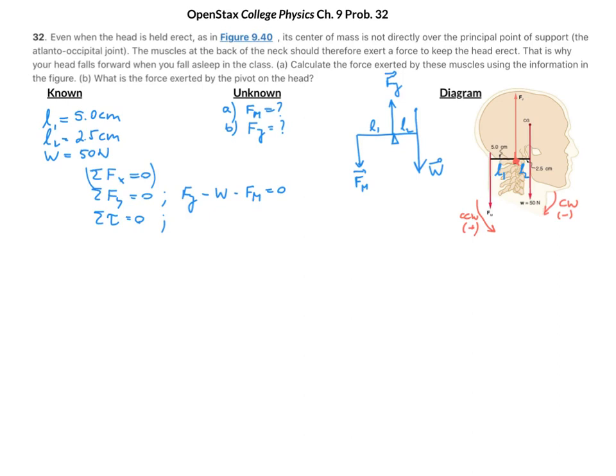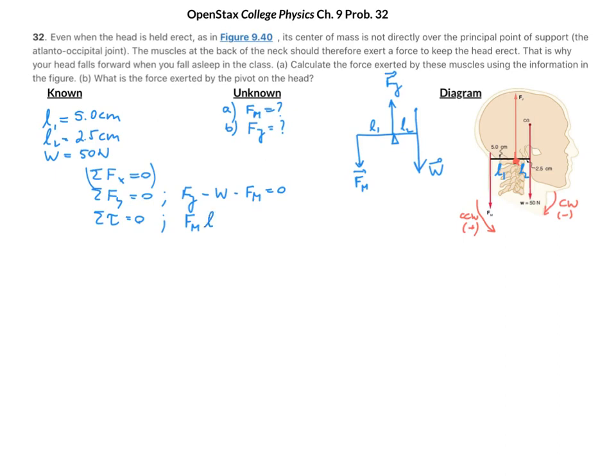So remember that torque is force times lever arm times the sine of the angle between them, and I'm going to start out with the force of the muscles, so that's F sub m. Lever arm is the distance from where the muscle acts to the pivot, and I want the distance that's perpendicular, so the force here and the lever arm are already perpendicular.